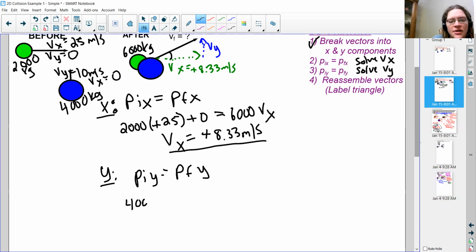So we're going to take the 4,000 kilogram times the 10 meters per second. Again, that is positive because it's going up. The other one has 0. Don't even necessarily need to write it in the equation. I do just kind of as a checklist. Helps me mentally.